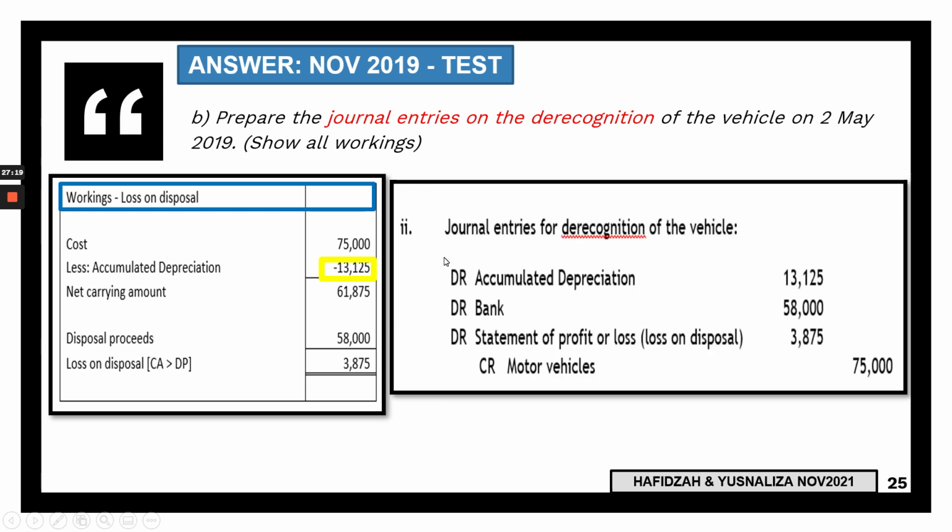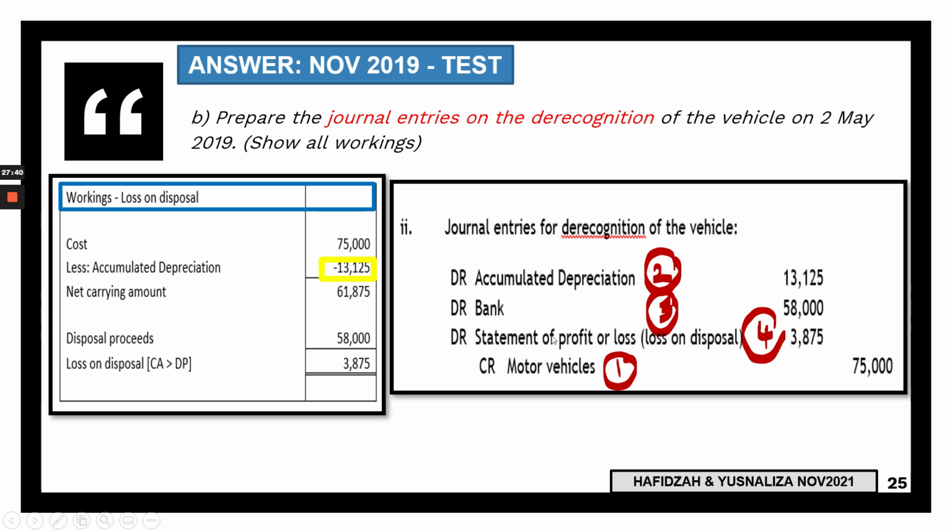From there, you can do the journal entries as usual. Go and remove the motor vehicle, and then go and remove the accumulated depreciation, record the proceeds, and number 4 is to record the statement of profit or loss for the loss on disposal.